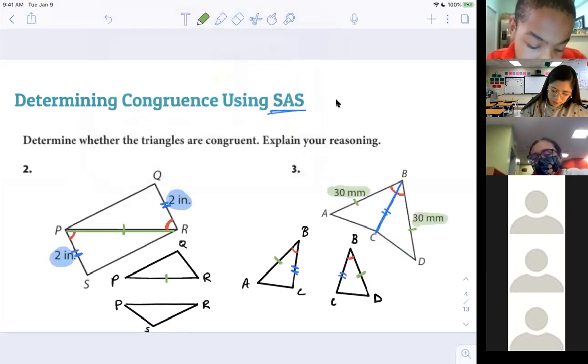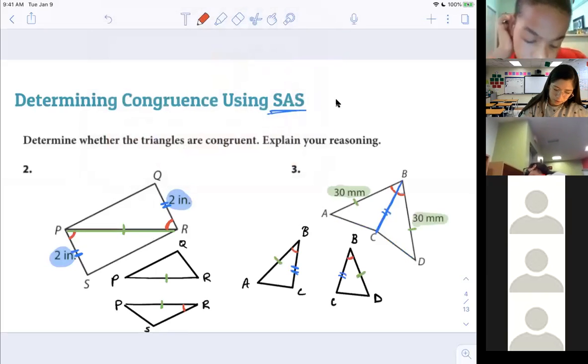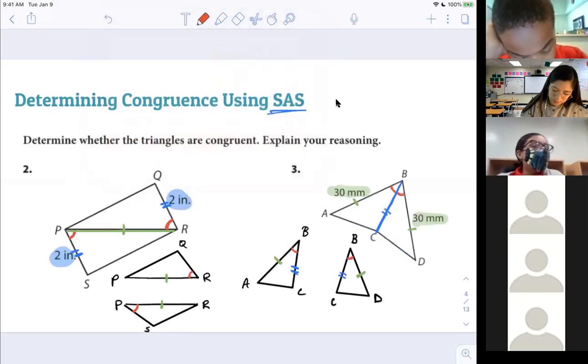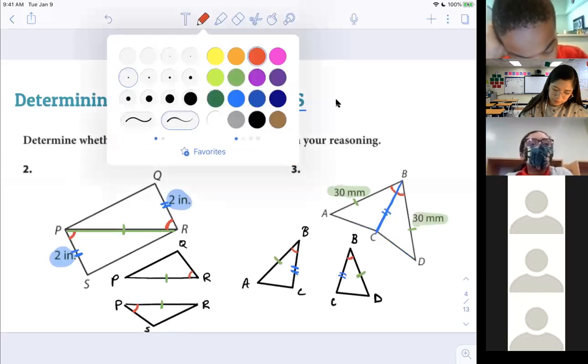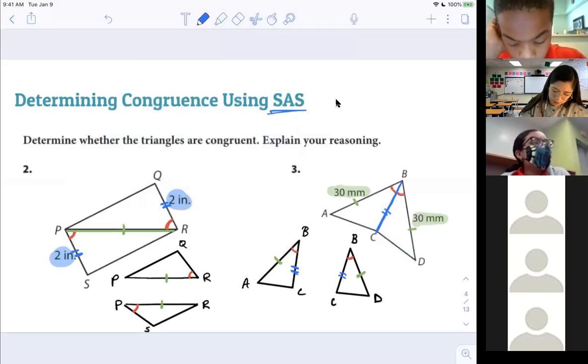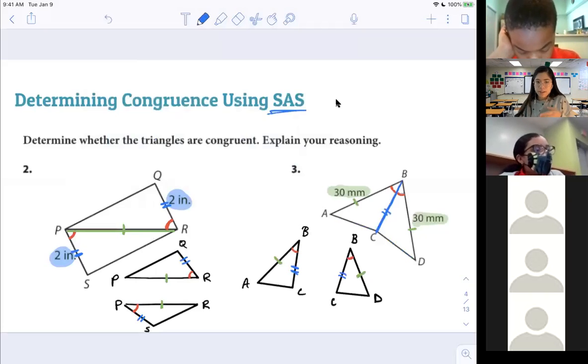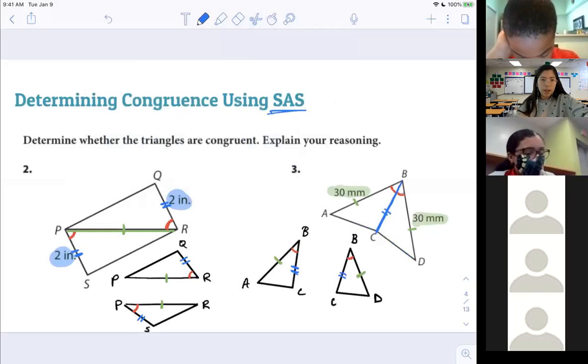I know PR is congruent to PR. I know angle R is congruent to angle P. And I know that QR is congruent to PS. So again, you can clearly see side, angle, side. Two sides and the angle in between.